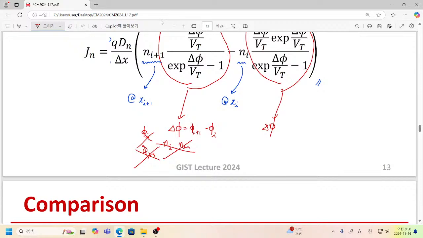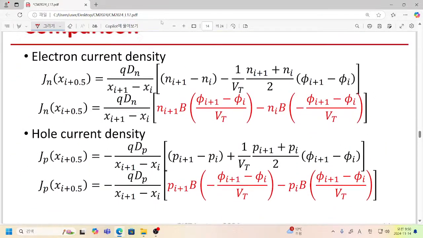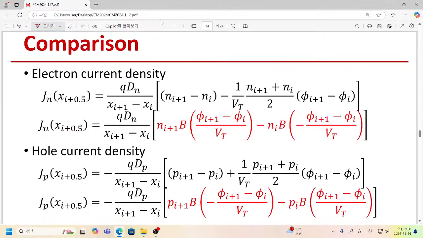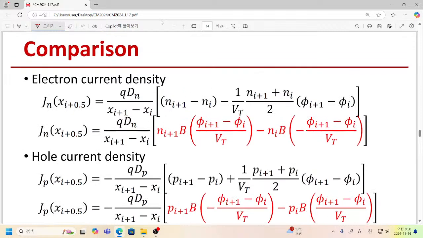So people make certain simplifications or manipulations. I will show it later. But please make a comparison between our Scharfetter-Gummel scheme and our previous naive implementation.